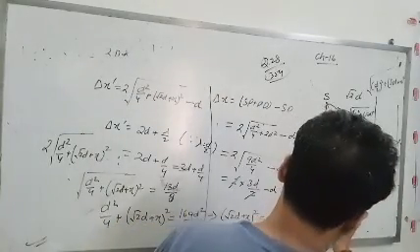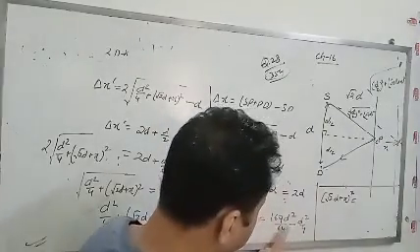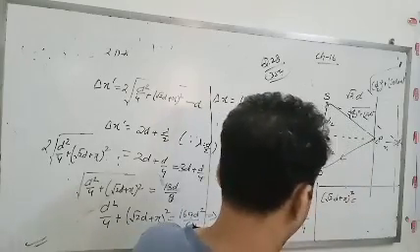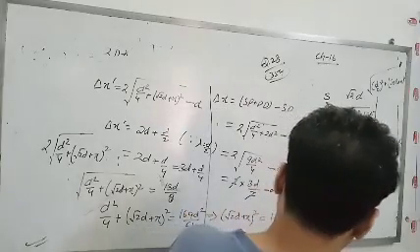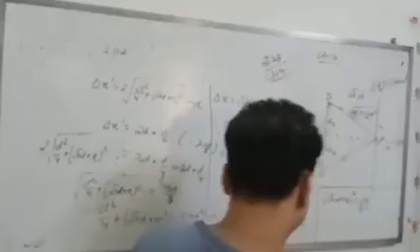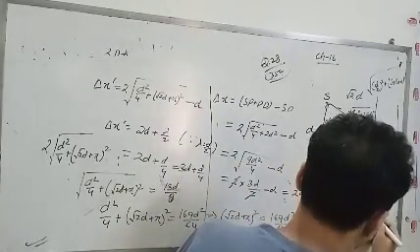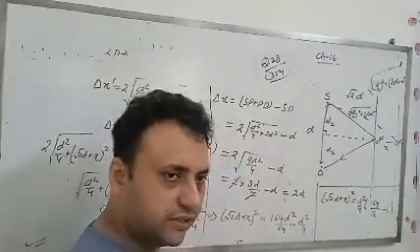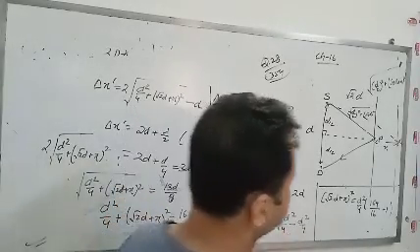Taking d square by 4 as common, this will be d square by 4 into (169 by 16 minus 1).